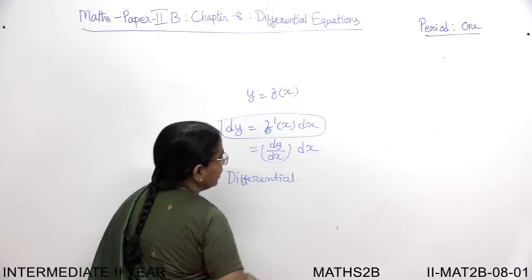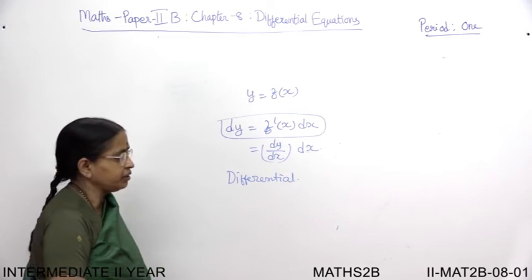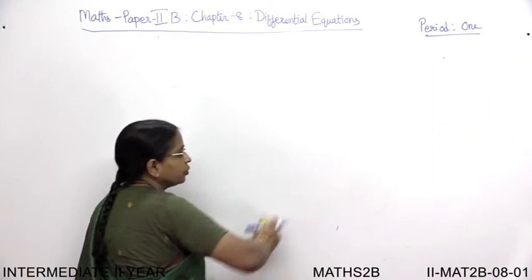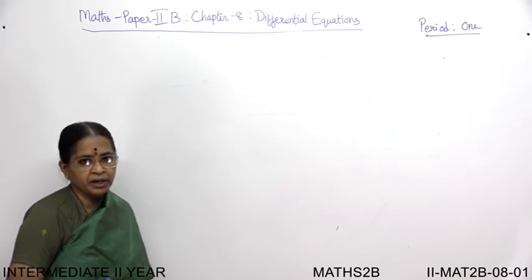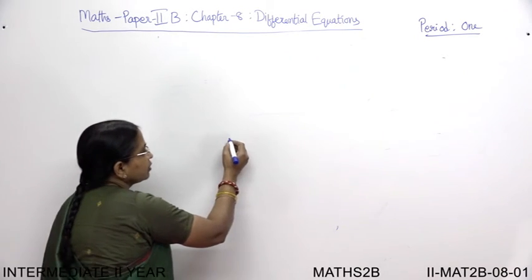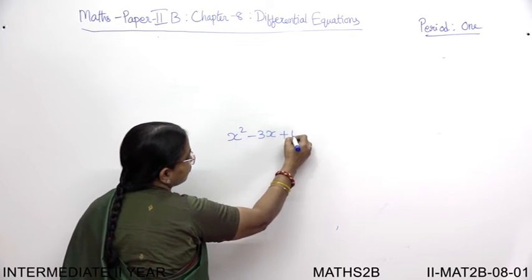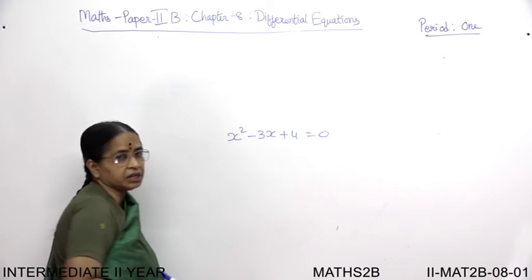Okay, now we'll come to the differential equation. What is a differential equation? It is an equation. You have learnt about trigonometric equations also. So algebraic equations, you know, x square minus 3x plus 4 is equal to 0. This is an equation.